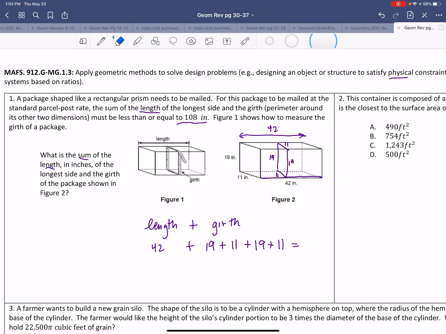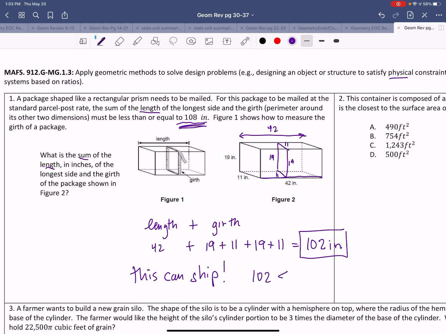And we have 102 inches. So it has to be less than 108, so it looks like this can ship. Why? Because 102 is less than 108.